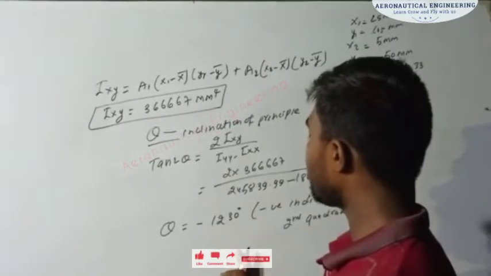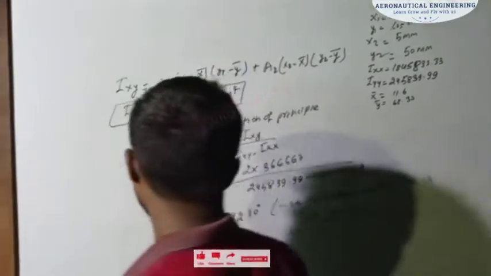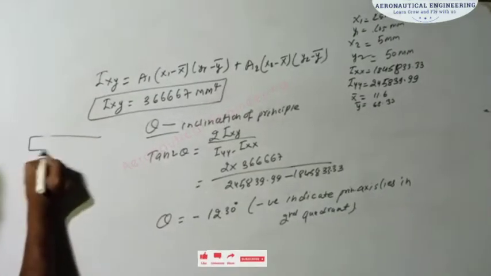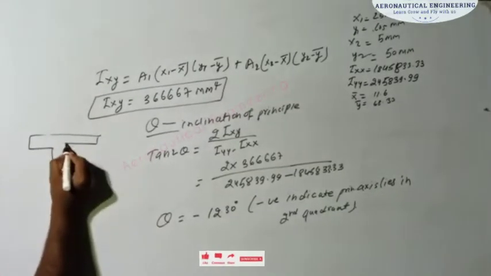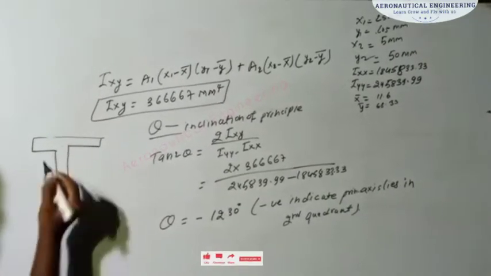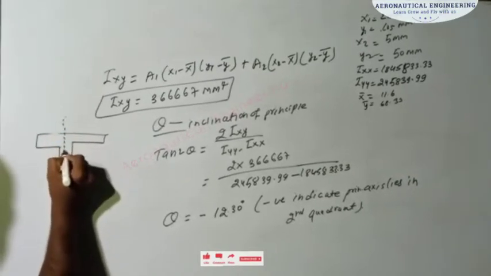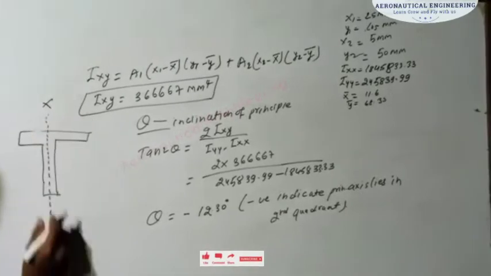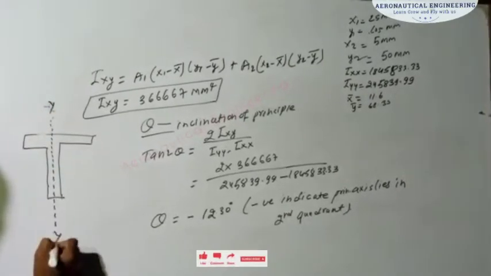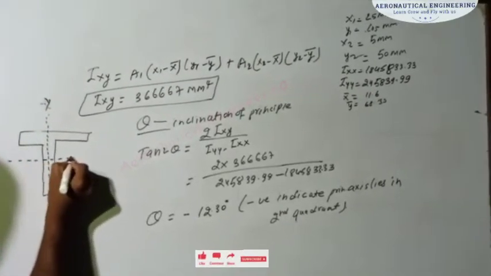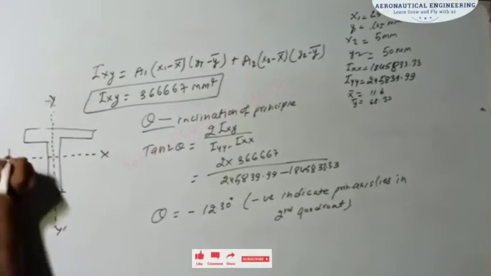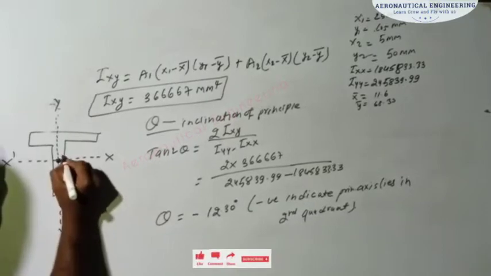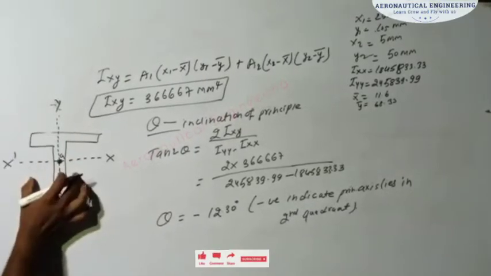After finding the theta value, in the given section, this is y dash and this axis is x dash, taking this as the centroid point G for the given section.